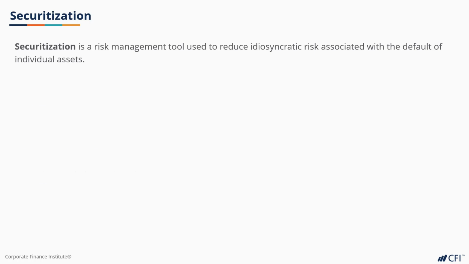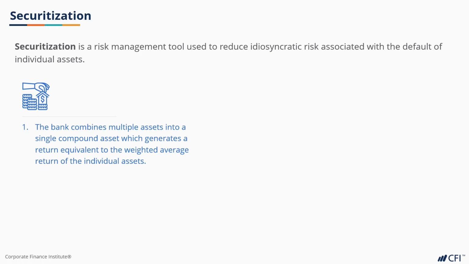First, the bank combines multiple assets into a single compound asset. The return offered by the compound asset will be a weighted average of the return offered by the individual assets it's comprised of. These assets are often debt instruments such as mortgages, loans, credit card debts, and also leases.